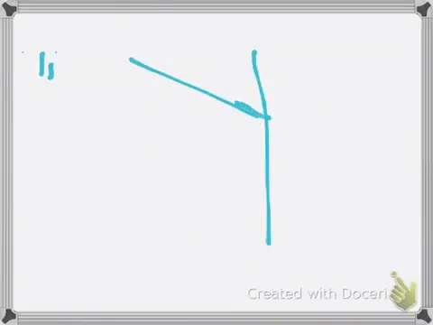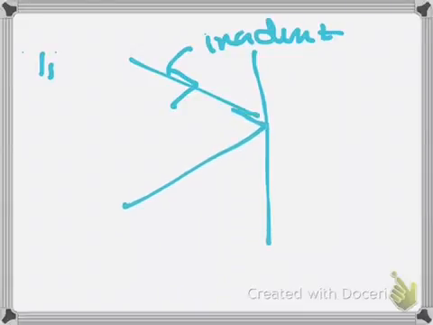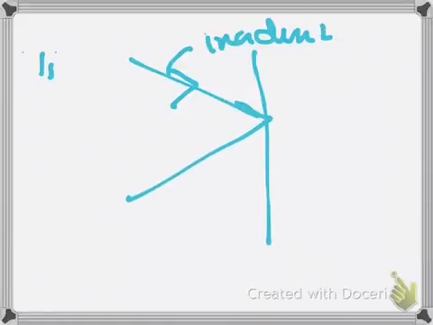The second law we are going to learn is about the incident ray, the reflected ray, and the normal. The incident ray, for those who haven't understood yet, is the ray of light that falls upon the reflecting surface.